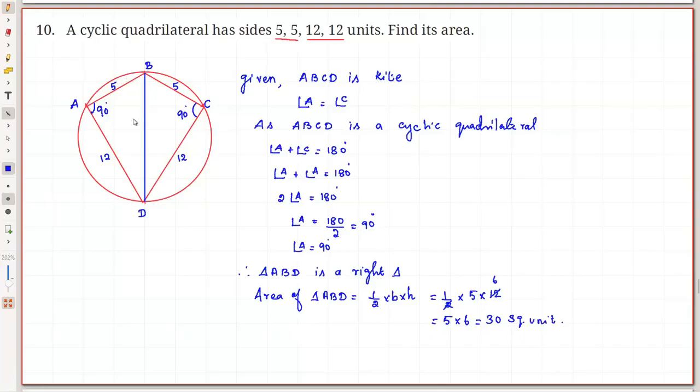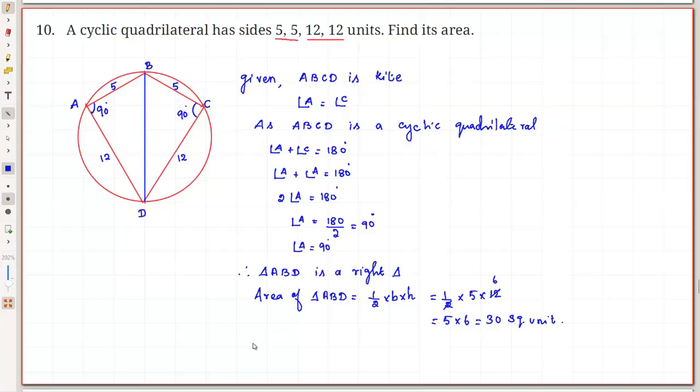Now the area of triangle CBD is also going to be the same. Why? Because these two triangles are congruent triangles. Otherwise, you have to apply the same formula, half into base into height.